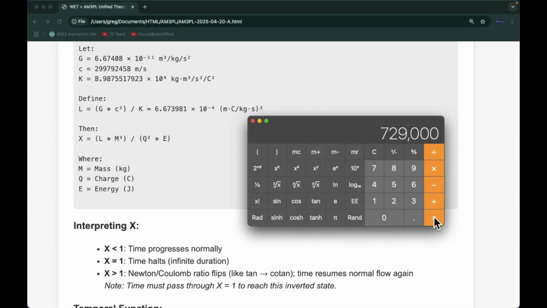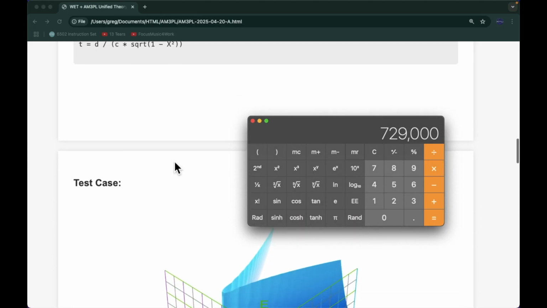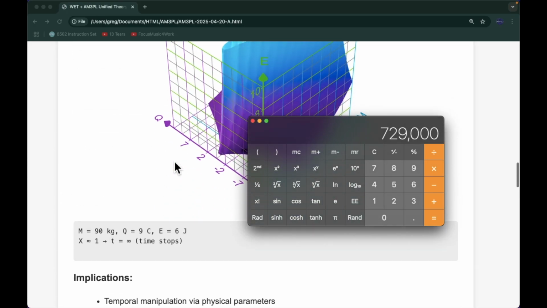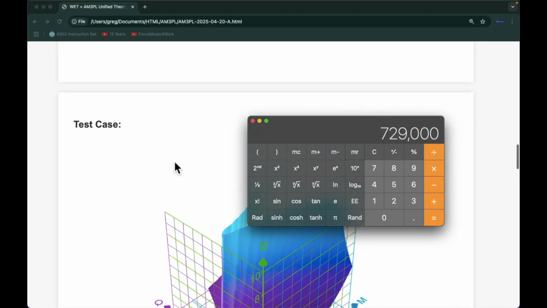Equals this, and then we divide by charge, and our charge in our example is 9.